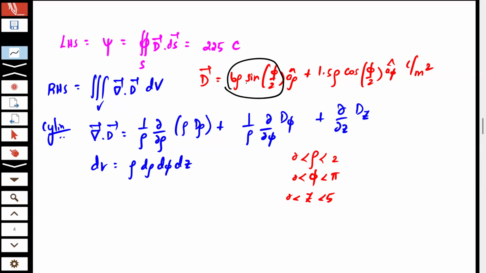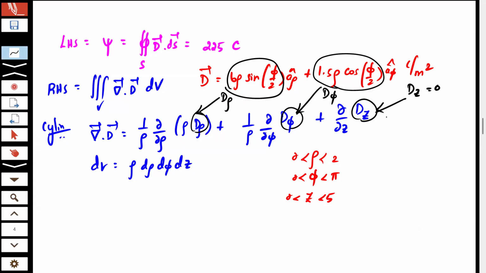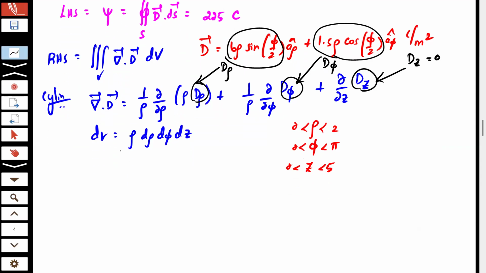The coefficient of a rho is Dρ, and the coefficient of a phi is Dφ. Here there is no z component, so Dz is 0. We have to substitute the corresponding Dρ, Dφ and Dz and find what the divergence of vector D is. I'll do it. Continue with me.